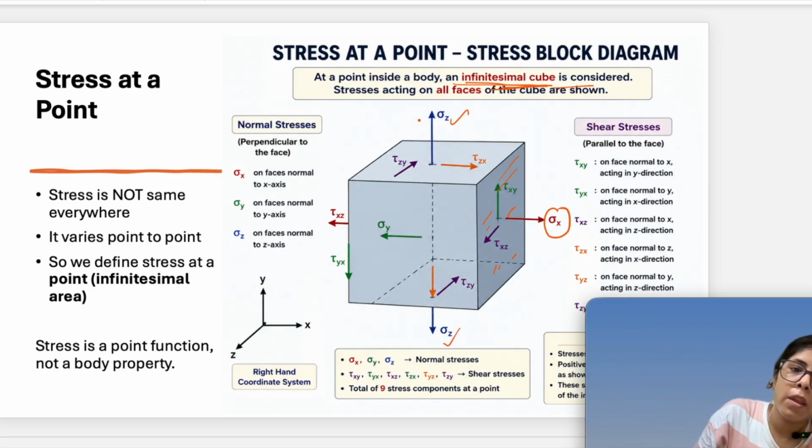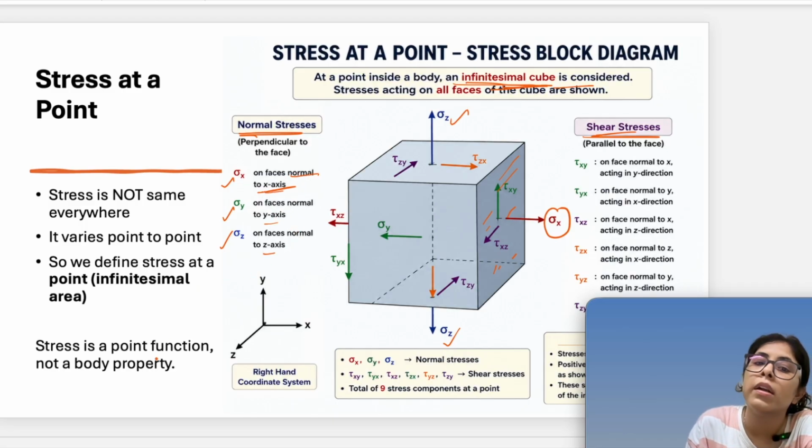Now we have normal stresses and then we have shear stresses. The normal stresses are sigma x, sigma y, and sigma z on the faces: the face normal to the x-axis, the face normal to the y-axis, and the face normal to the z-axis. Shear stresses are parallel to the faces. So tau xy is on the face normal to x, acting in the y direction.